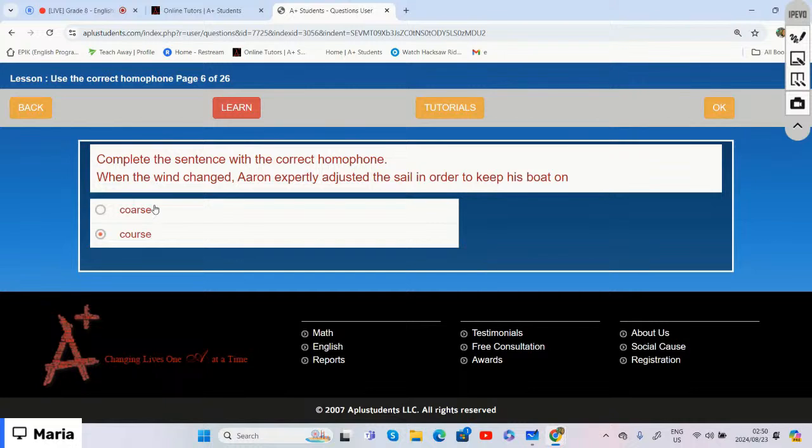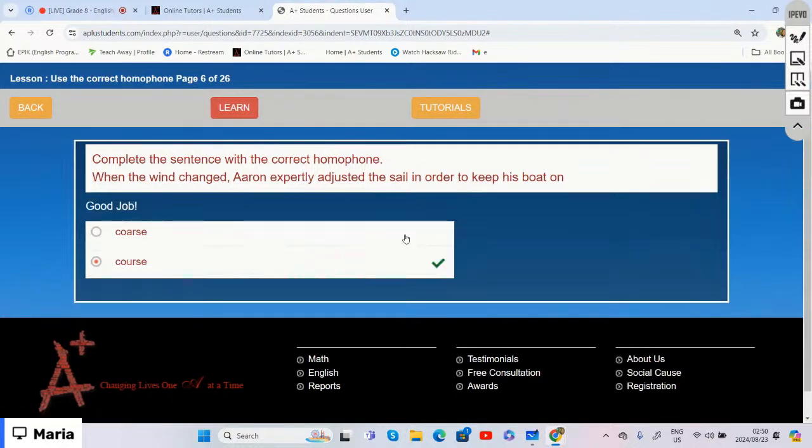And then you have the word course, which means the route or direction that is followed by either a ship or an aircraft. It's like a route that you follow when you're traveling. So which means that we will go with option two.